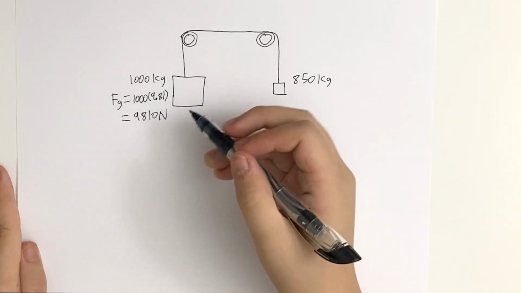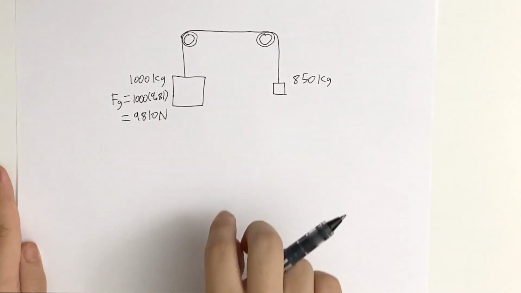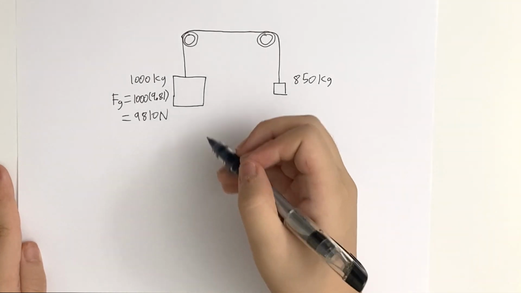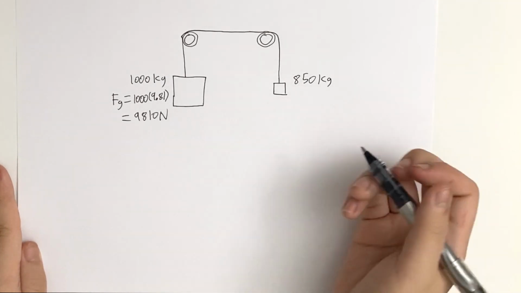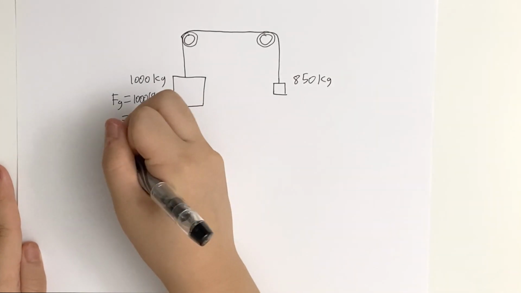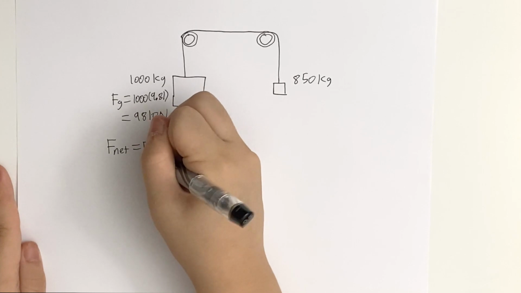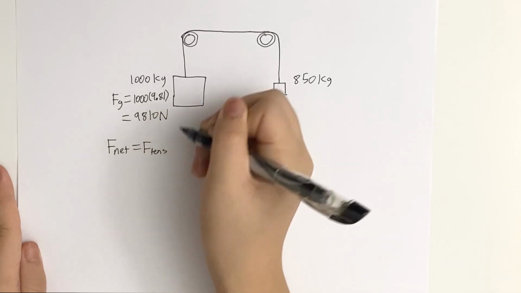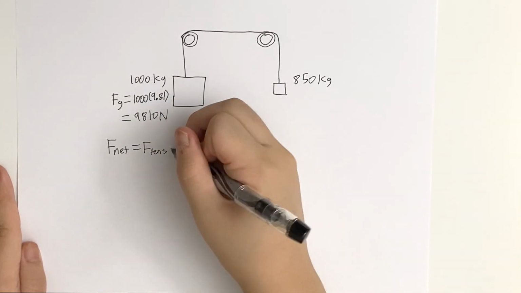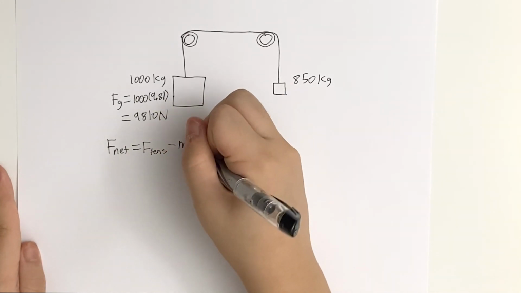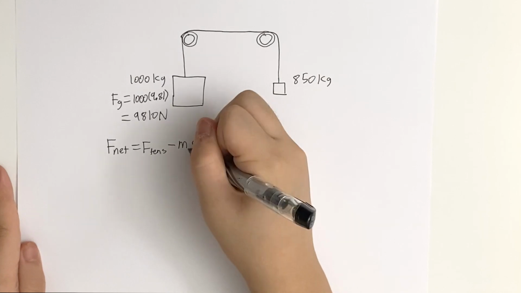So this force will be acting downwards since it's falling down. At the same time, there is tension force pulling this large rock up. So the net force for this rock, F net, will be equal to F tens, which is the tension force, minus the Fg, or mass 1 times g.